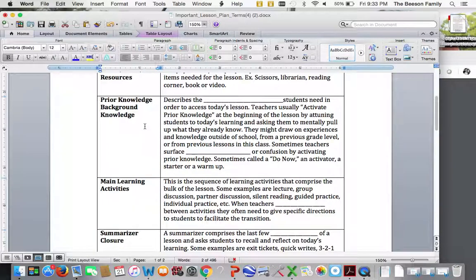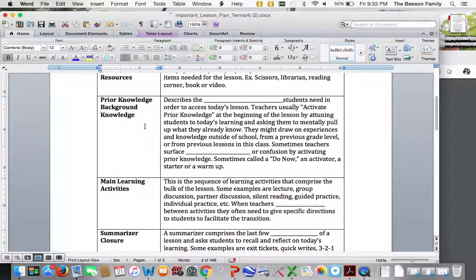We talked a little bit about prior knowledge last time we were together when we read the Fish's Fish book. It describes the knowledge that students need in order to access today's lesson. So prior to coming to today's lesson, what do they already know? What are all the things that they know?